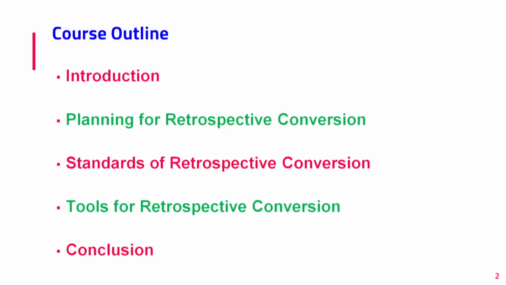Today we will be discussing more about planning, standards and tools which are very much required for retrospective conversion. We will discuss in detail aspects like planning for retrospective conversion, what are the steps to be taken care of while planning a retrospective conversion, and what are the different types of standards which are available, or which are exclusively for retrospective conversion of different documents.